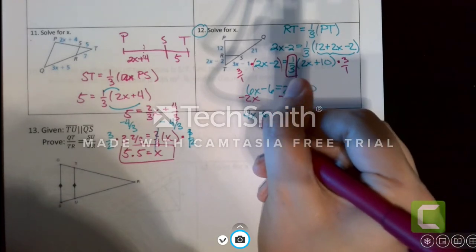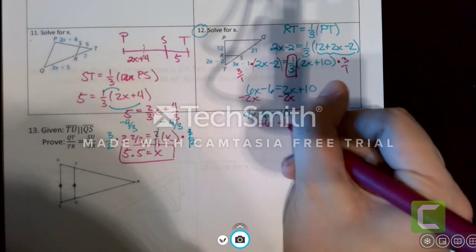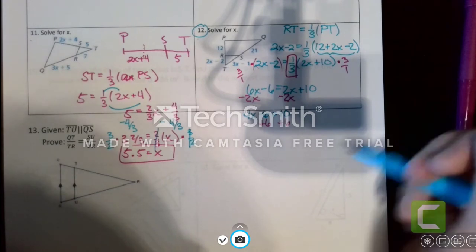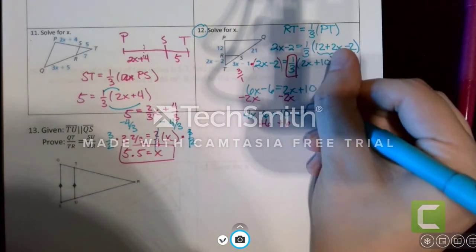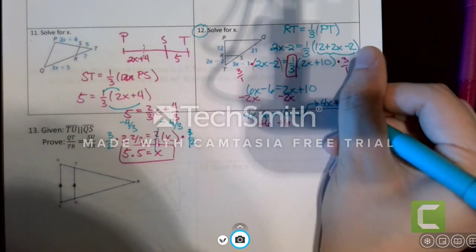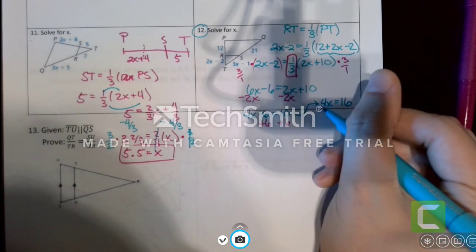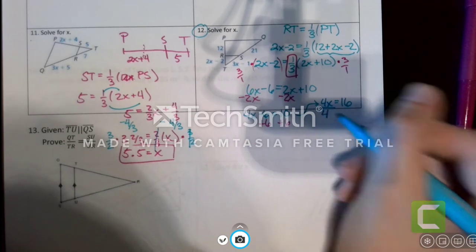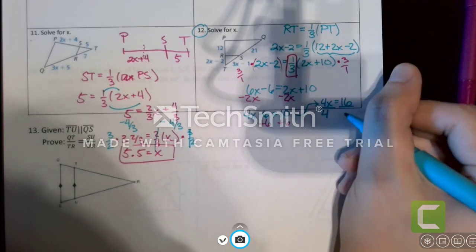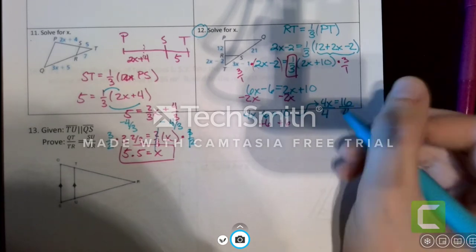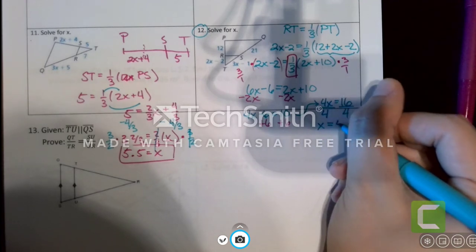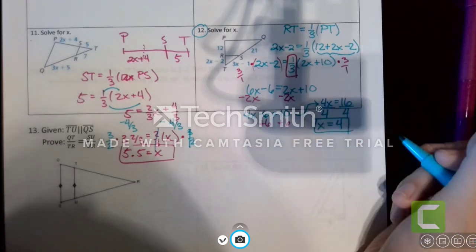Add 6 to both sides to get the equation 4x is equal to 16, and now we have a simple division problem. 4x divided by 4 on the left and 16 divided by 4 on the right gives you an answer of x is equal to 4 for number 12.